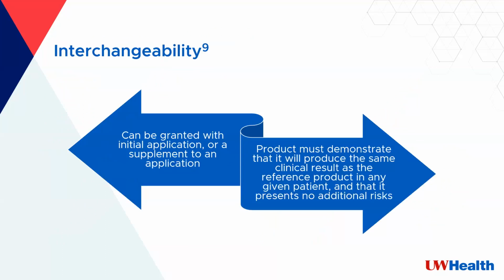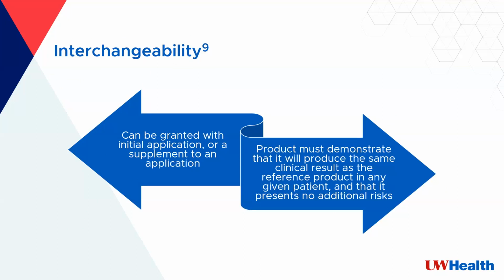So the last part of the approval pathway that we'll retouch on is the concept of interchangeability. As we discussed, interchangeability status requires a few extra steps that's deemed by the FDA. So per the FDA, the biological product must first be proven biosimilar, so go through the same process, but then it must also demonstrate that it can be expected to produce the same clinical results as the reference product in any given patient.